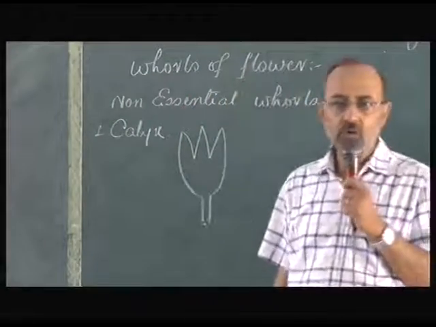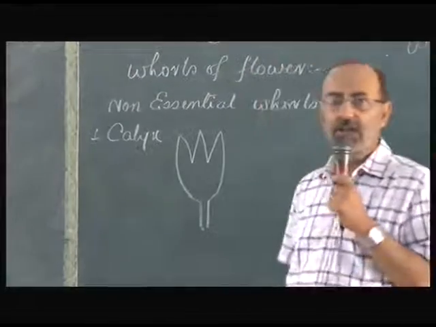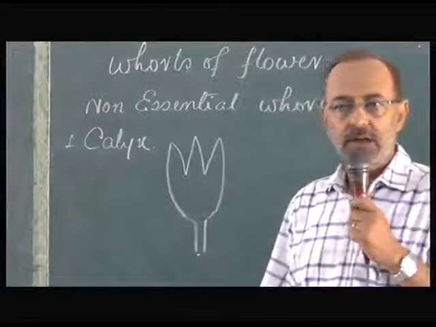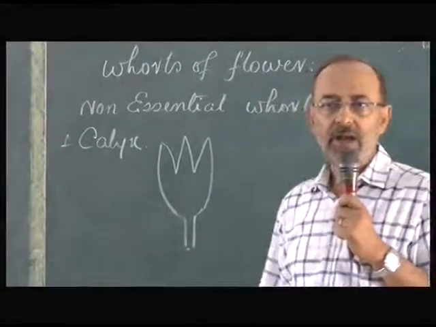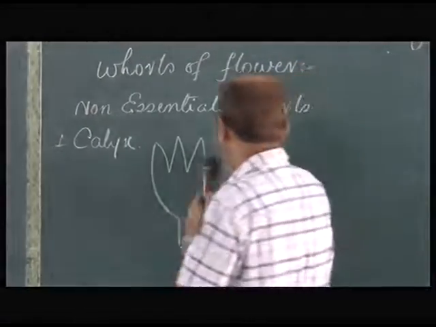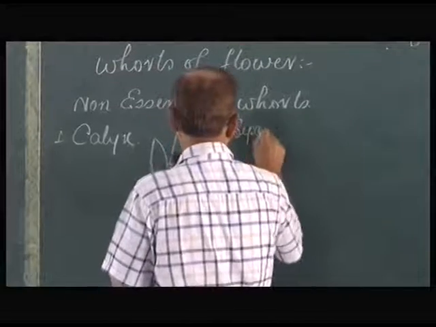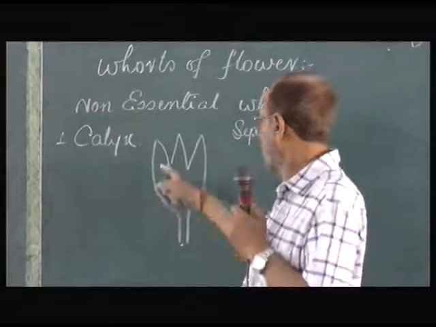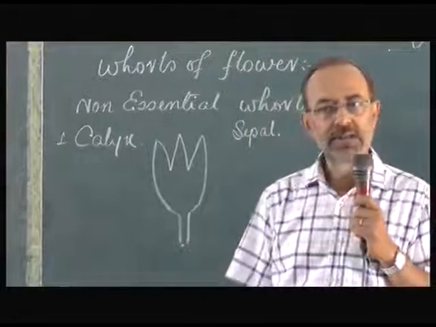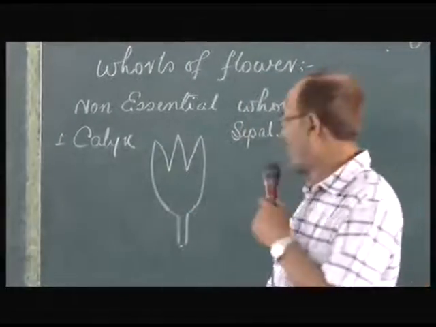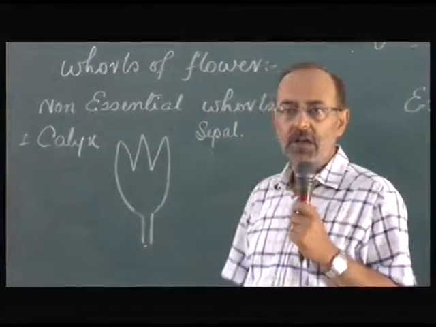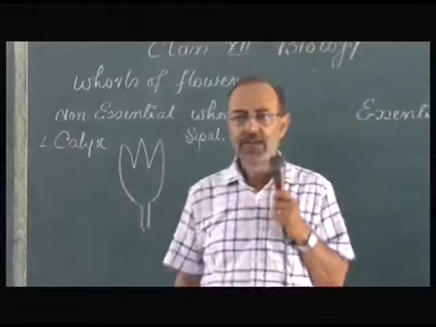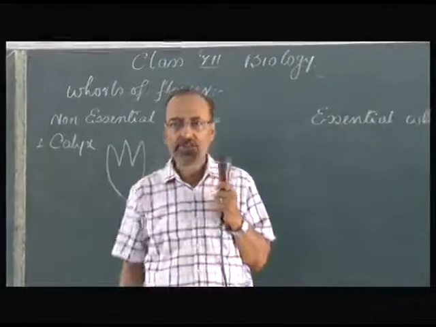So calyx is the lowermost whorl of the flower, which is normally green in color, and the individual part of this calyx is known as sepal. The collective mass is known as calyx, and the individual part of the calyx is known as sepal. In certain varieties of flower, the sepals are united together, like in case of hibiscus, there are 5 sepals and they are united to form a bell-shaped structure.